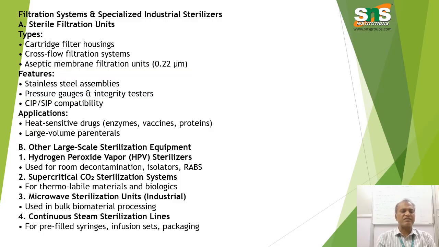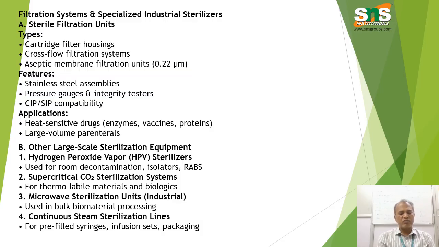Next, filtration systems. Of course, we know the use of filtration systems. They are mainly applied to heat sensitive or thermosensitive drugs like biologics, for example vaccines, enzymes and proteins. They are highly heat sensitive molecules.